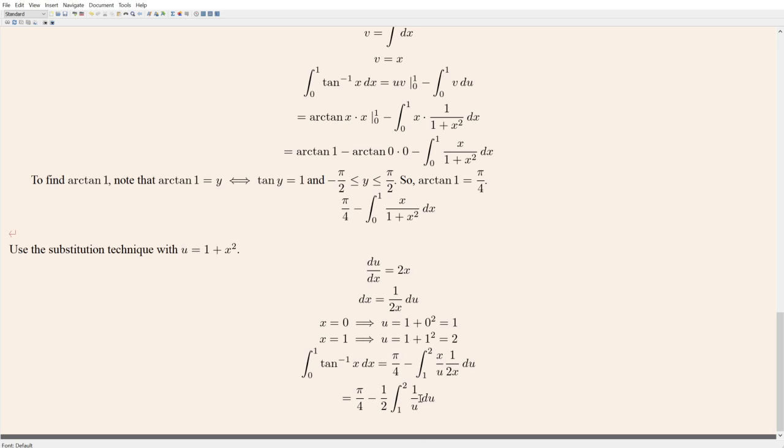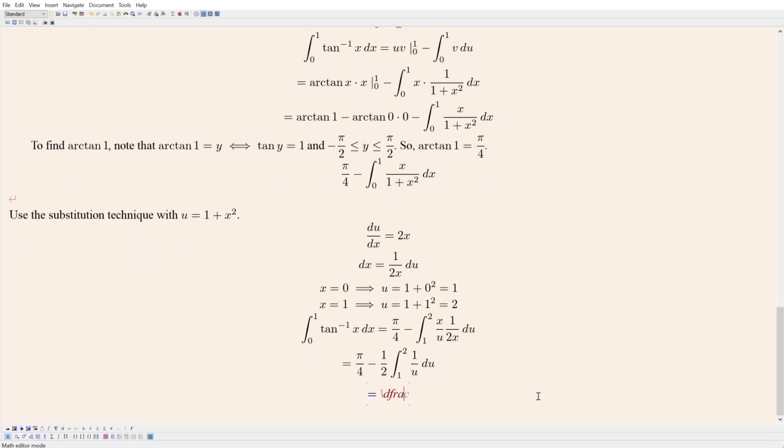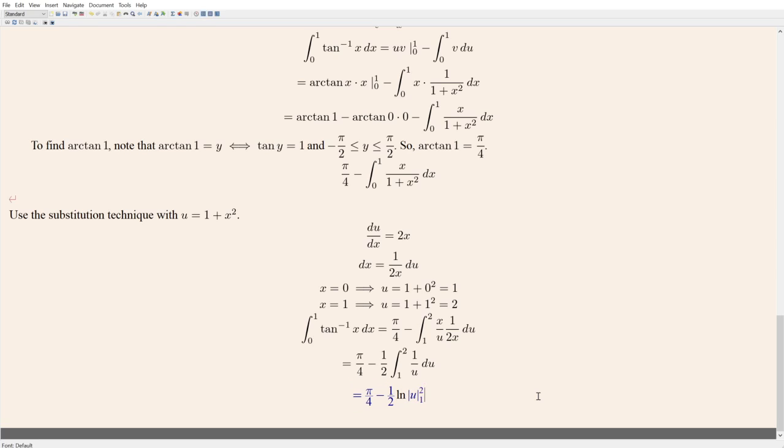Okay, so what's the antiderivative of 1 over u? Well, that is natural log of absolute value of u. And then that has to be evaluated between 1 and 2.